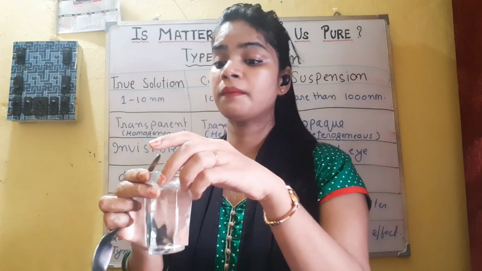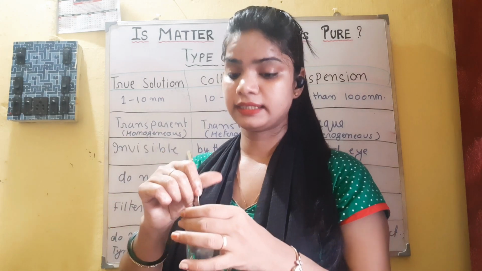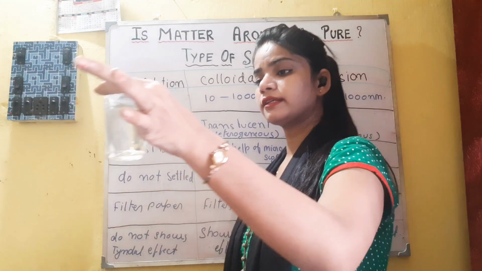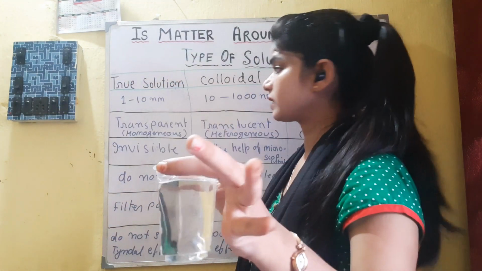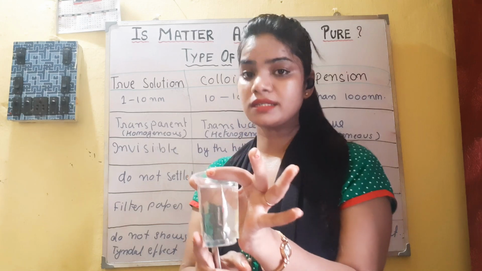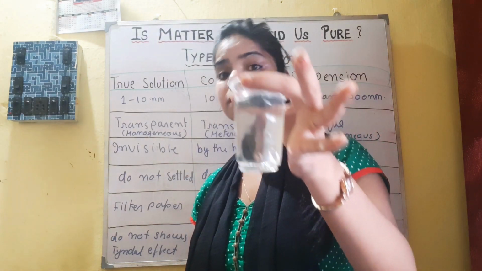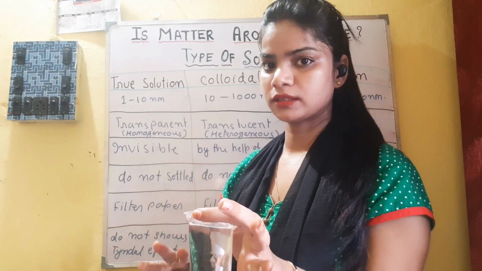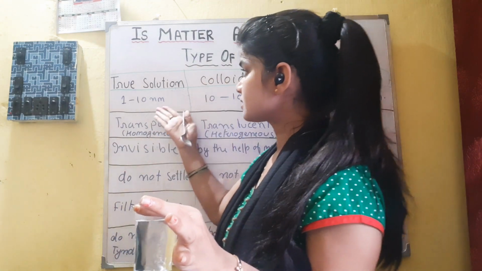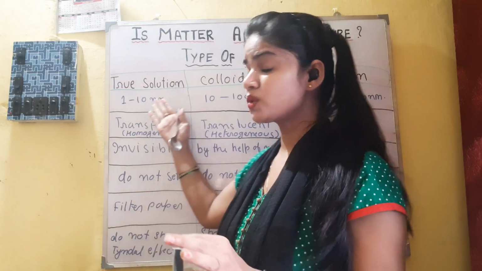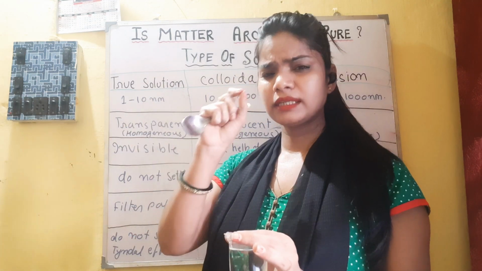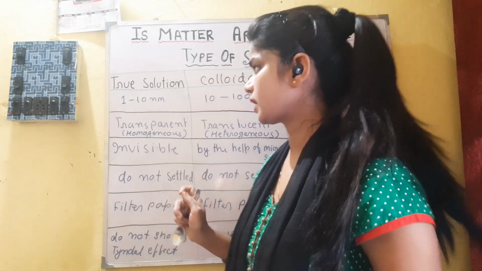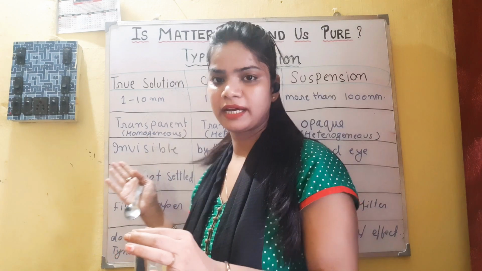I have mixed salt particles in water, so here we can see that it's completely transparent, it's completely dissolved, so we cannot see the particles of salt separately in water. This is the type of solution whose particles are less than 10 nanometer, and it is transparent.